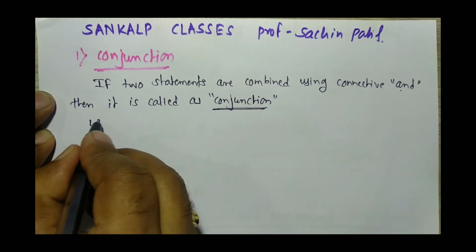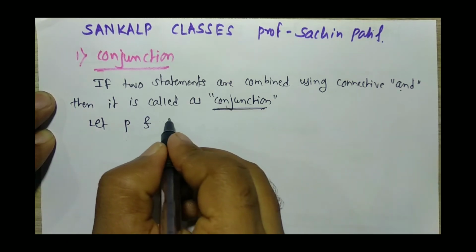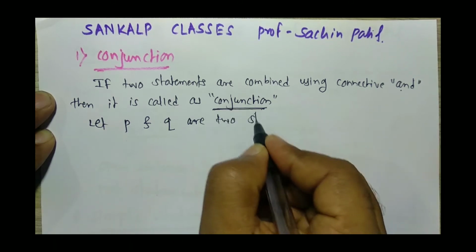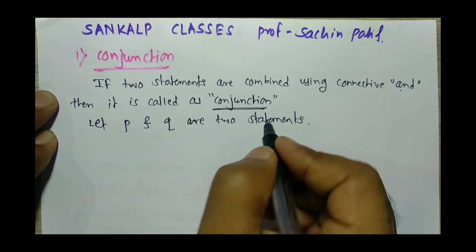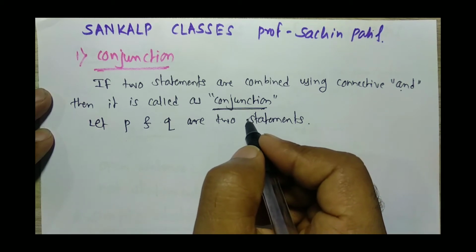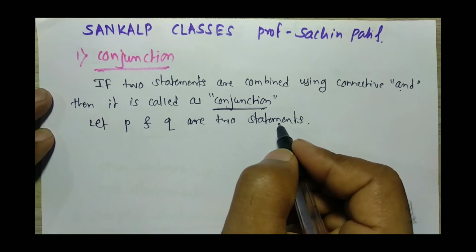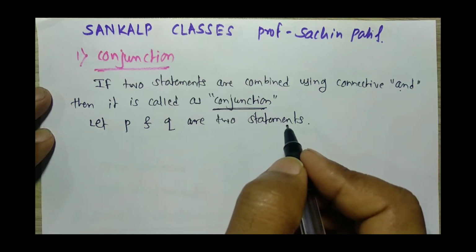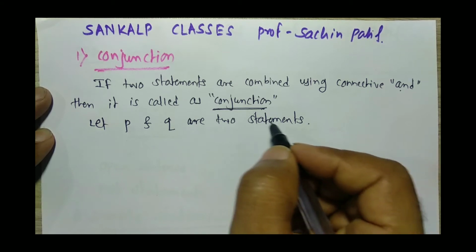Let us consider, let P and Q be two statements. We know that a statement is a sentence. It is a declarative sentence, or an assertive sentence, which is either true or false, but not both simultaneously. A statement has a truth value of true or false, not both.